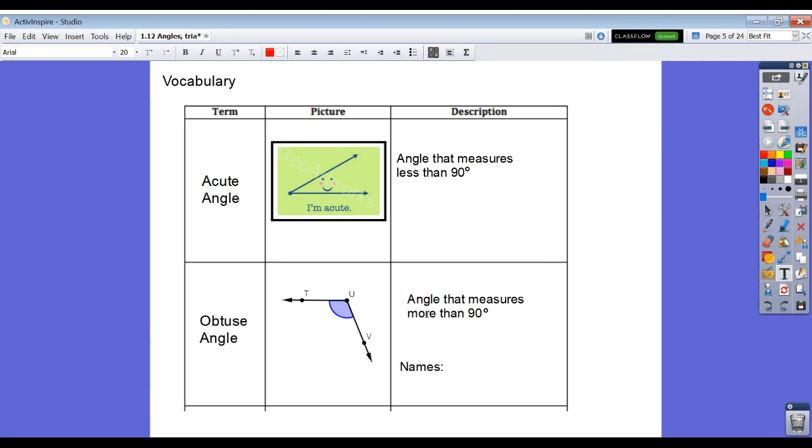And then if you have an angle that measures more than 90 degrees, it's called an obtuse angle. So what you're going to do for that, be aware of your neighbors, but spread your arms out wide and say obtuse angle in a deep voice. Obtuse. Make sure you're not going all the way out with your arms, because this would be a straight line if you went all the way out.